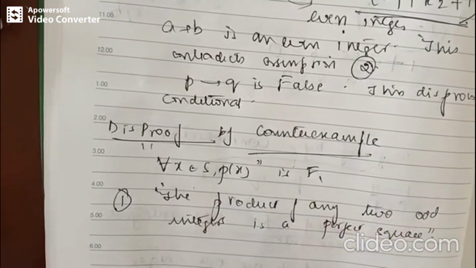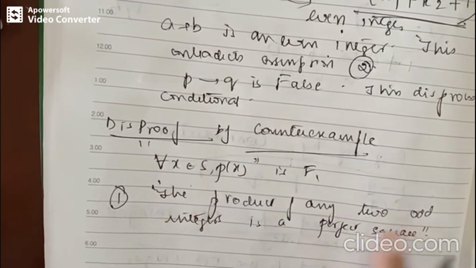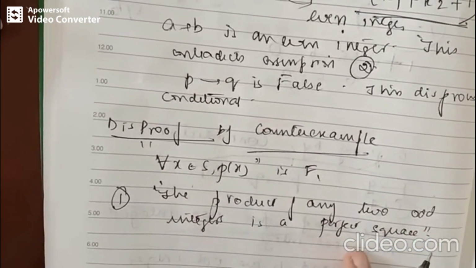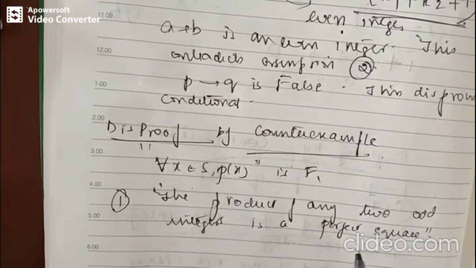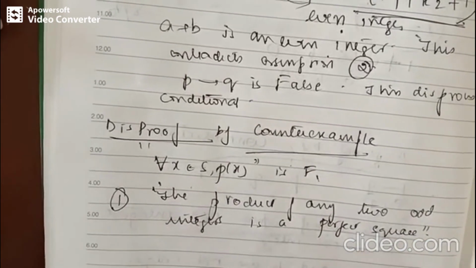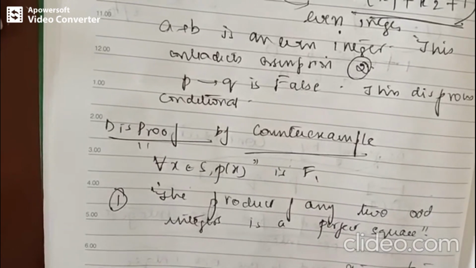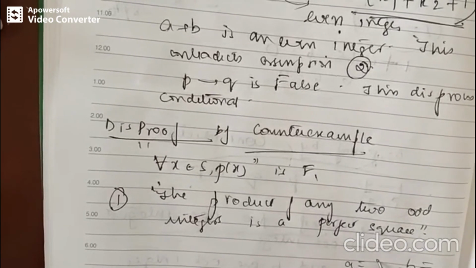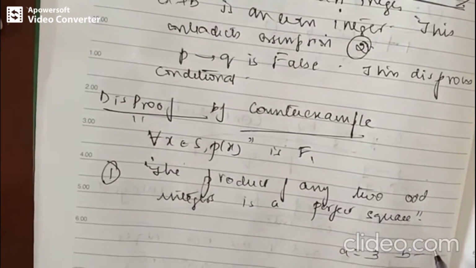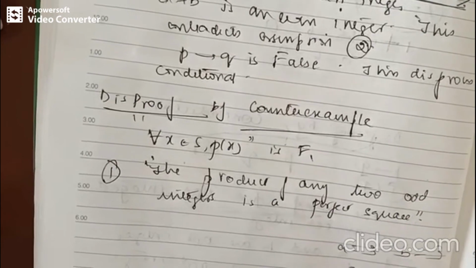Okay, let's take the problem. The problem is given as: the product of any two odd integers is a perfect square. If I take any odd integers, I denote the two odd integers by A and B. If I take A as 3 and B as 3, the product of them is nothing but 9.